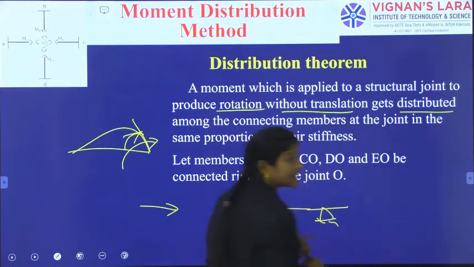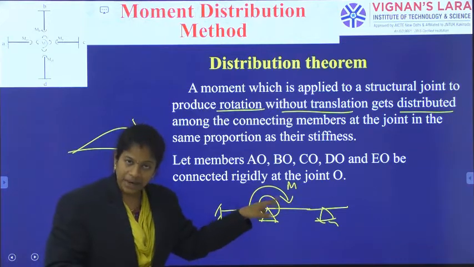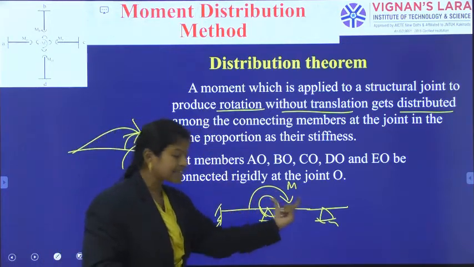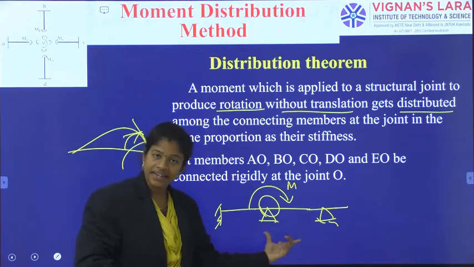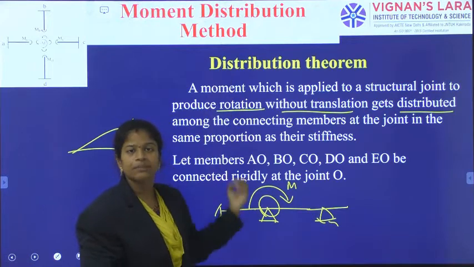The moment gets distributed. If we apply moment M, that moment is distributed among the connecting members. How many connecting members are there? The total applied moment will be distributed among those members.